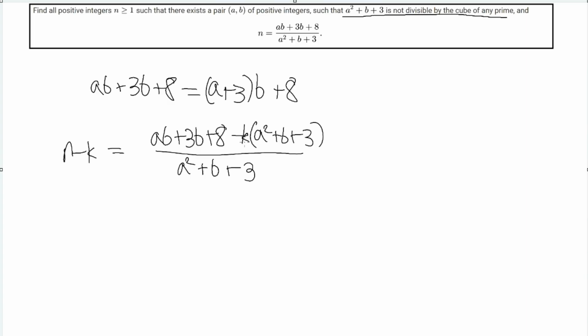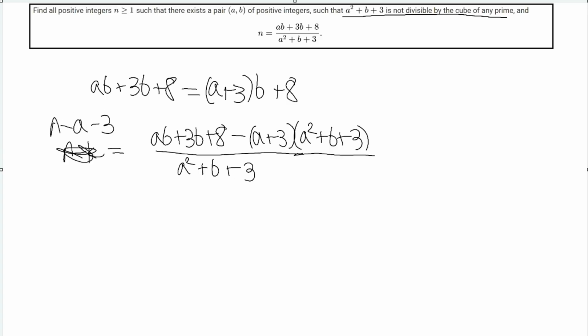We would like that negative k to cancel out with the a plus 3, so might as well make k equal a plus 3. Then we have a plus 3 times (a squared plus b plus 3). So this is what n minus k is if we let k equal a plus 3. Then this is an integer.